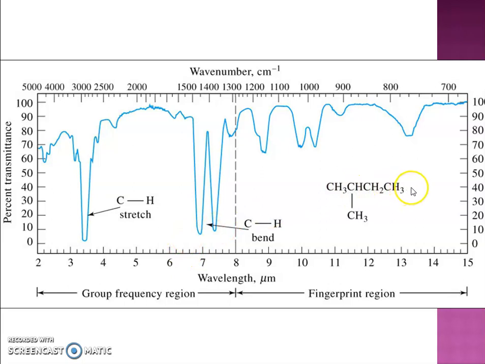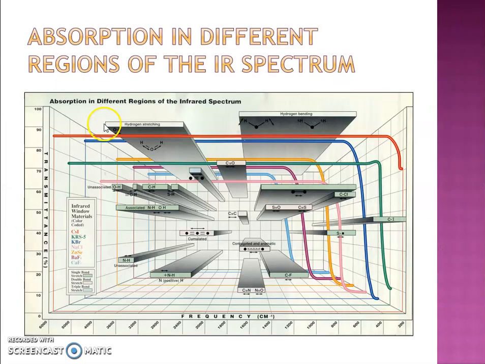Most have CH bonds and CC bonds, but the more obvious one is the CH. The spectrum plots percent transmittance versus wavelength, or normally wave number. And this diagram shows absorption in different regions of the IR spectrum according to bond and molecule.